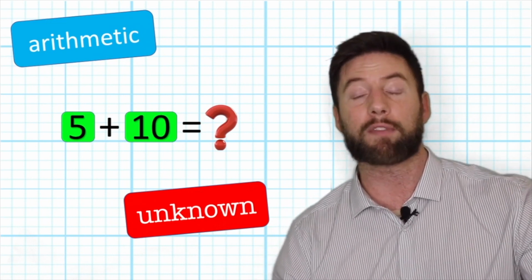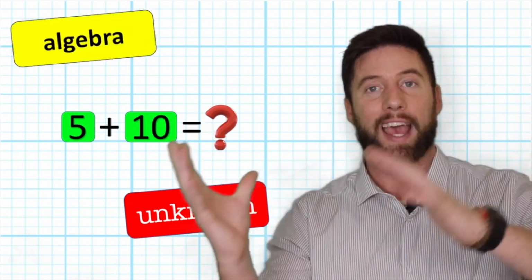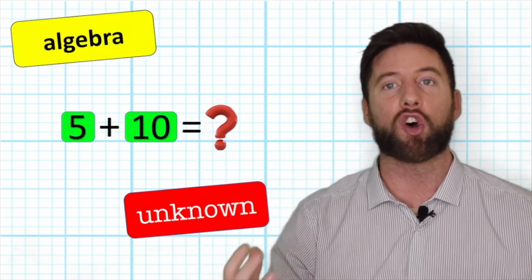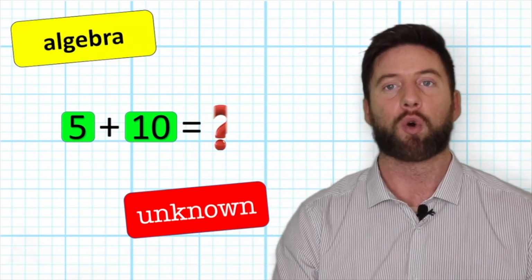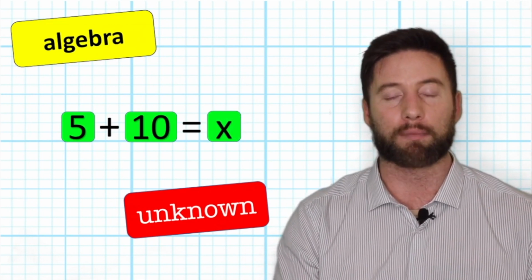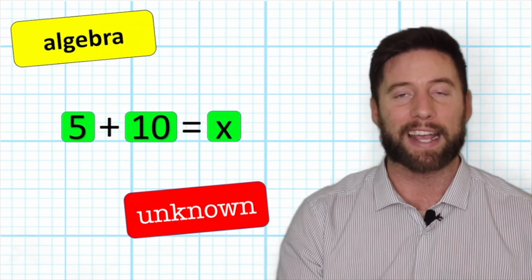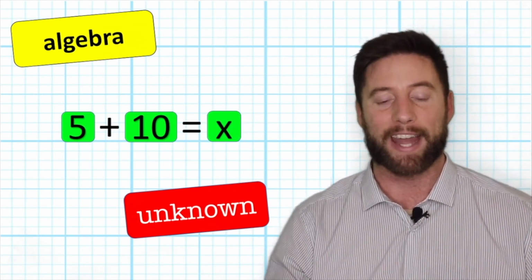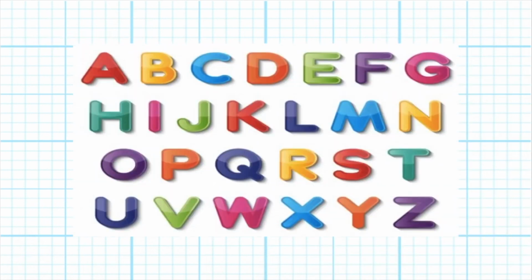A very important difference straight away between arithmetic and algebra is when we have an unknown in algebra, we use a symbol, okay? Now, a very common symbol to be used would be X, but you can pretty much use any letter of the alphabet. X, Y, A and B tend to be the 4 main ones used, but you can use any letter.